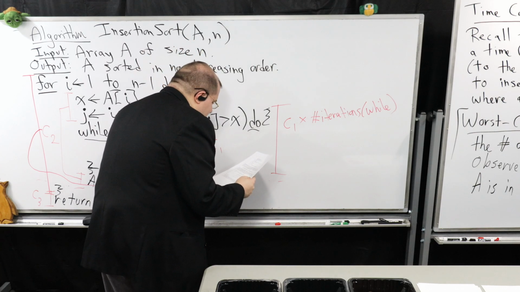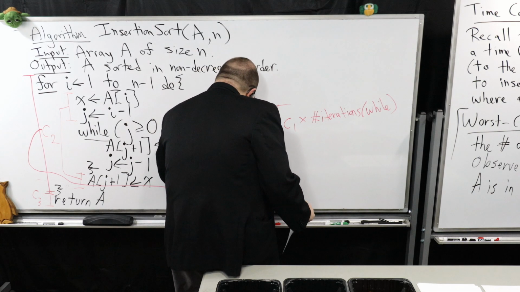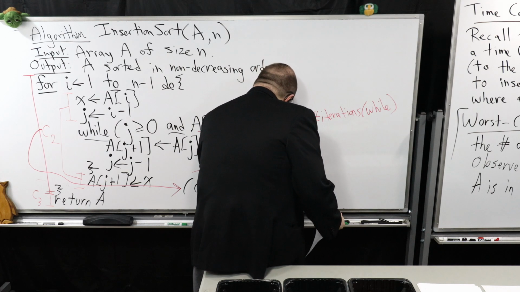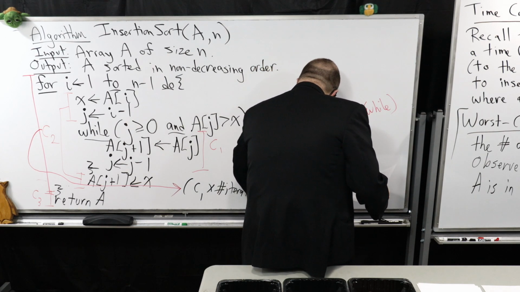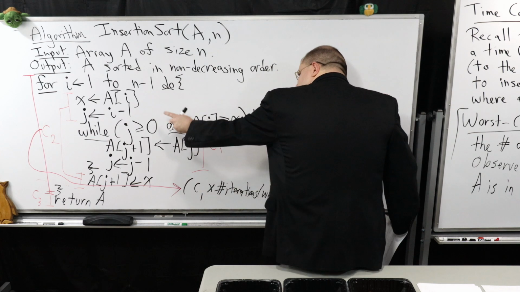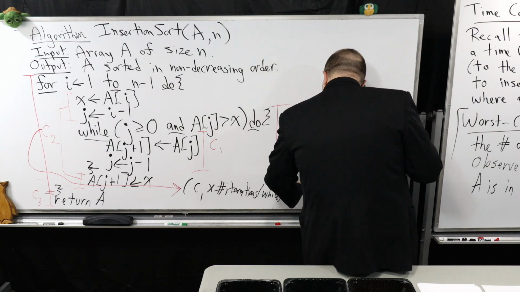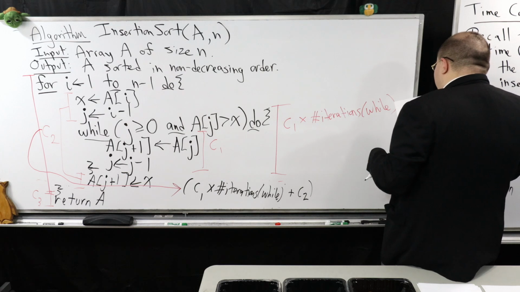So if I write this all out, I'll end up with C1 times the number of iterations of the while loop plus C2, right? That's all of these other ones here inside the for loop. So that's everything inside of my for loop.